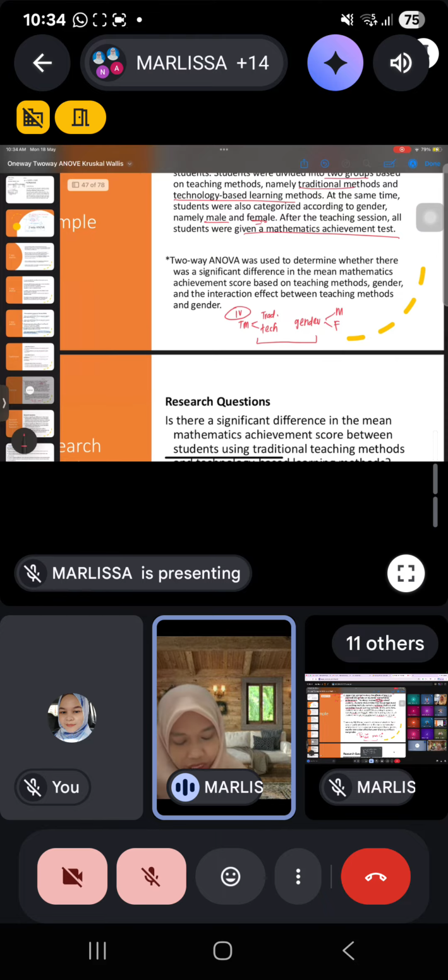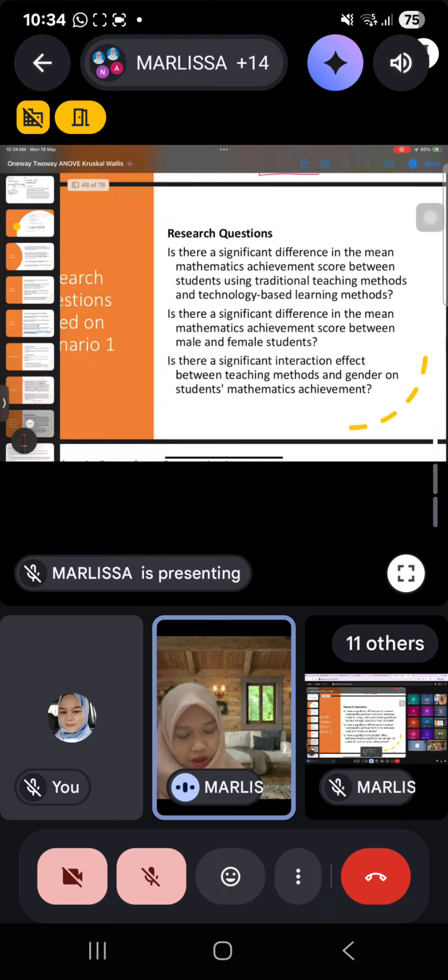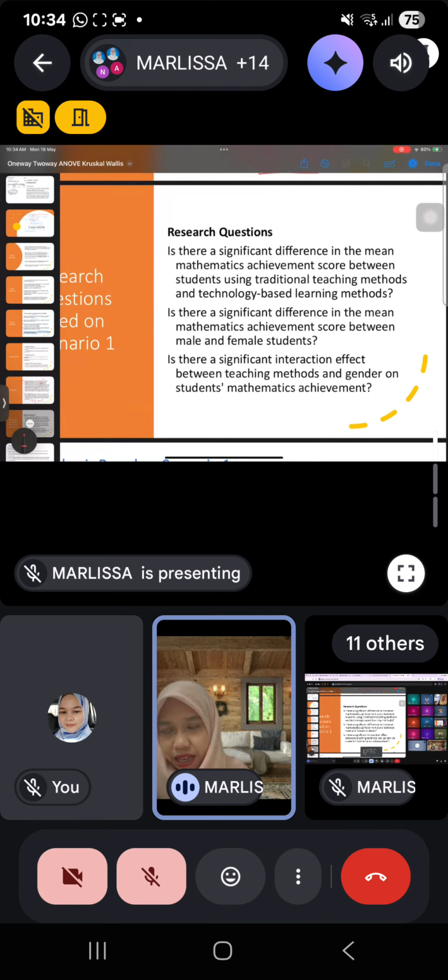For the research question, first of all, you need to look at the main effect. Is there a significant difference in the mean mathematics achievement, which is the DV, between students using traditional teaching methods and technology-based learning methods? This is the main effect for the teaching method.